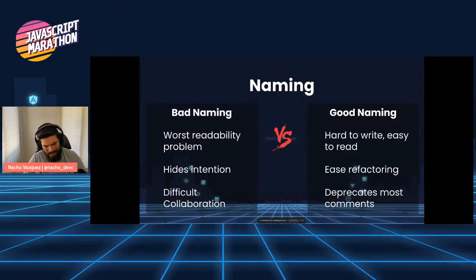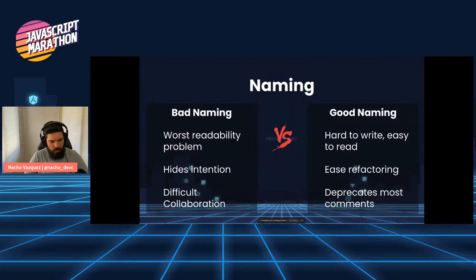So bad naming is the worst readability problem. If you don't use the right way of describing your code, your variables, your functions, you are going to end up having really hard to read, really ugly code, really hard to maintain, because bad naming hides intention.